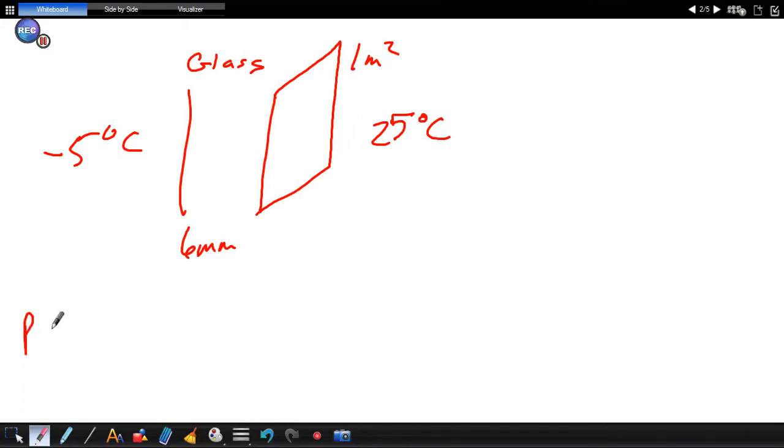The power is, and of course the power will be the heat divided by the time eventually. So we can figure out how much heat we're buying. But the power here, well, we look up for glass. And we'll have this K function is 0.8 watts per meter degree Celsius.